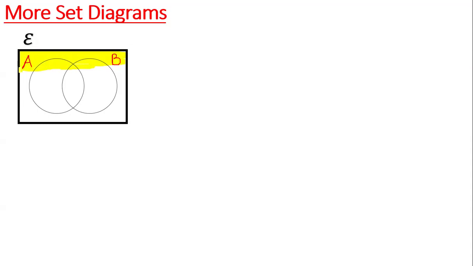So we're shading all of this. This is what we mean by the universal set, by the way. The universal set means the union as well as all of the contents that are on the outside. It means everything that's included in the rectangle is what we include in the universal set. That's what we mean by the universal set.